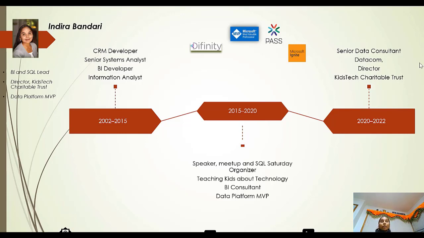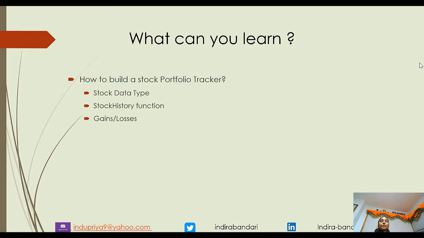And moving on, what are we going to learn in this session today? We will see what the stocks data type is, and also how to use the stock history function to build a stock portfolio dashboard using Excel.